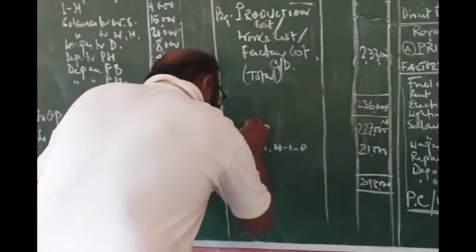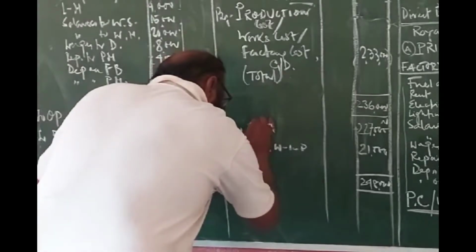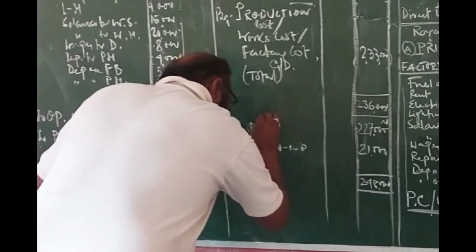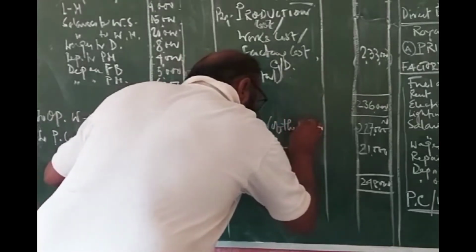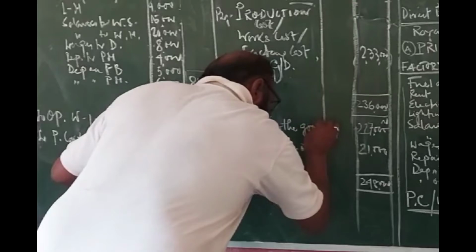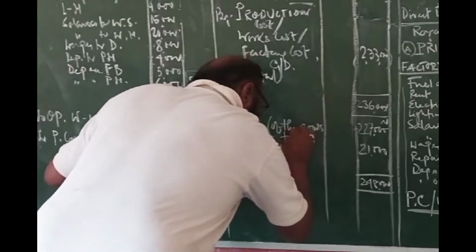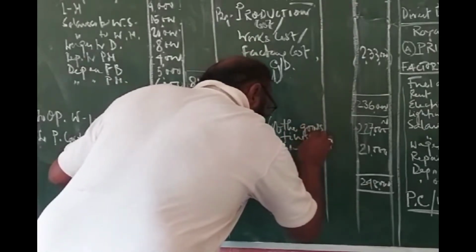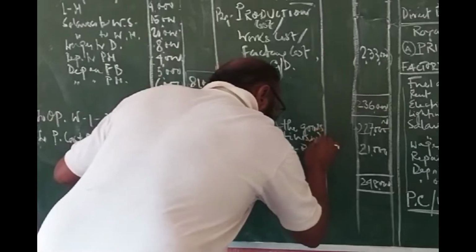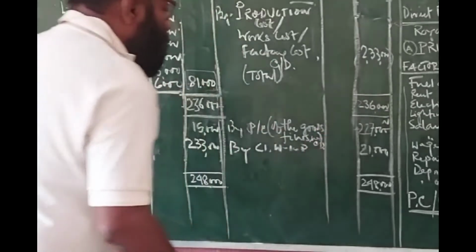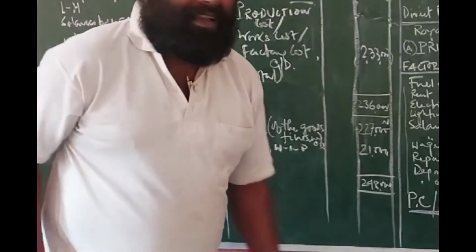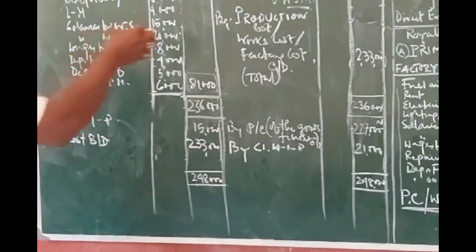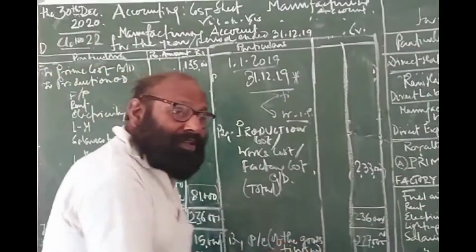That is the production cost of the goods finished. Okay, so that is the production cost, and our manufacturing account shows this one.